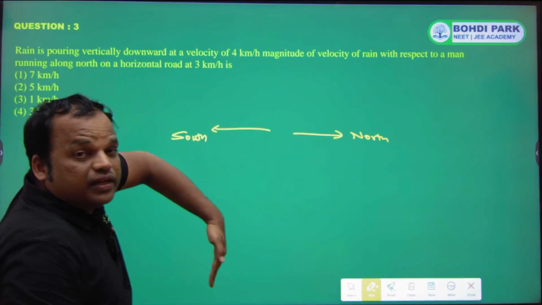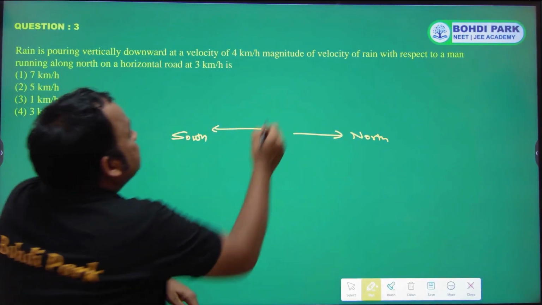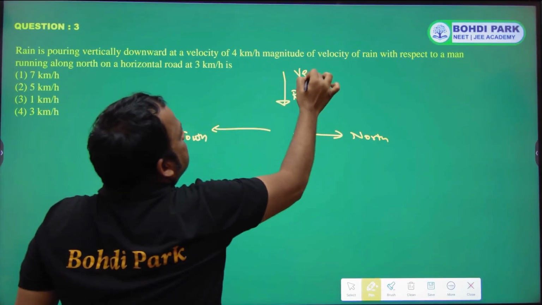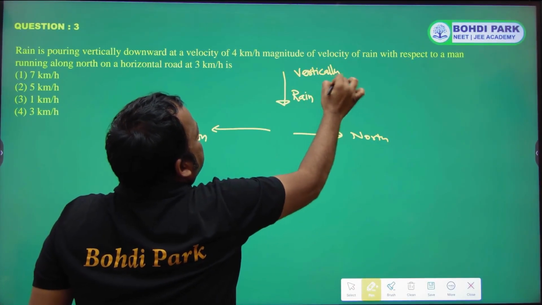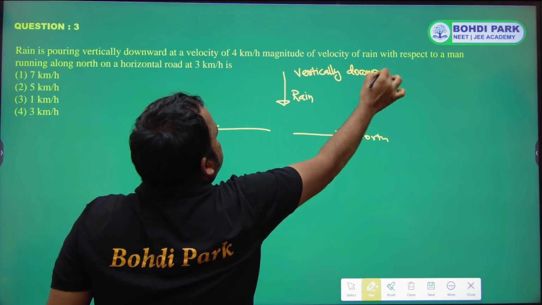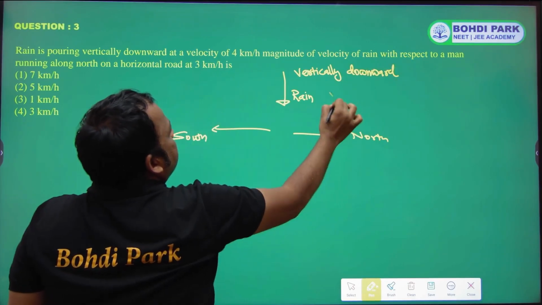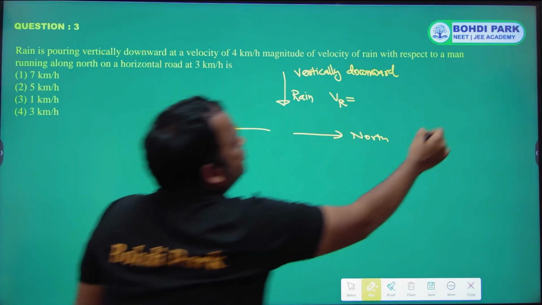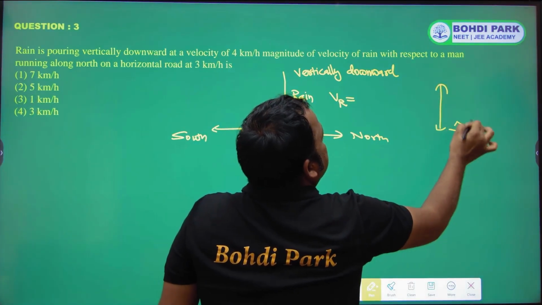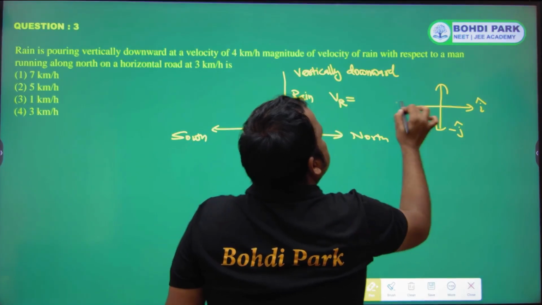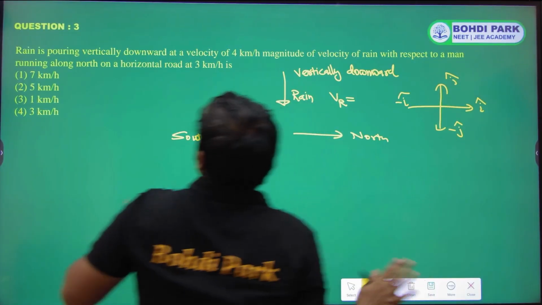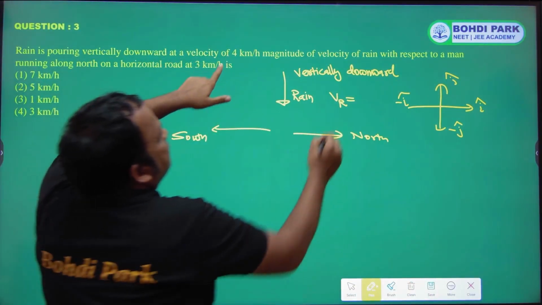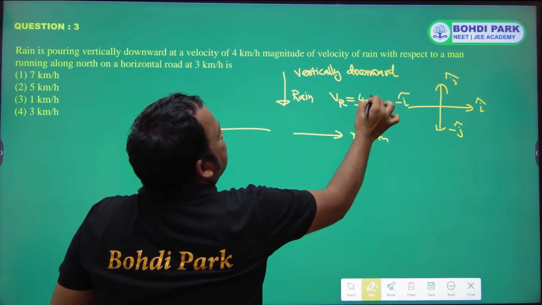And this is vertical direction, so vertically downward. So rain is falling vertically downward, so velocity of rain will be minus j. This is minus j, and this is I cap, and this is minus I, this is j cap. Okay, clear? So rain is pouring vertically downward at 4 kilometer per hour. So this is minus 4j.